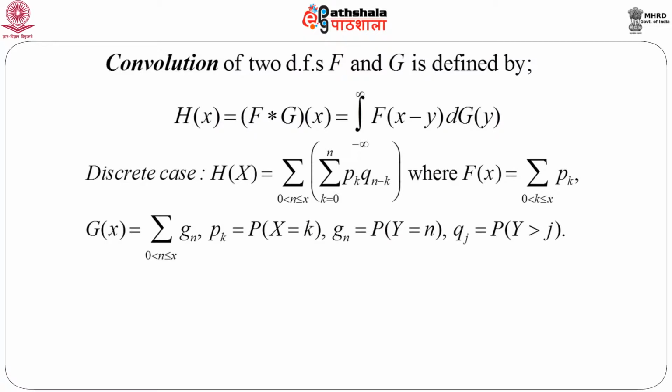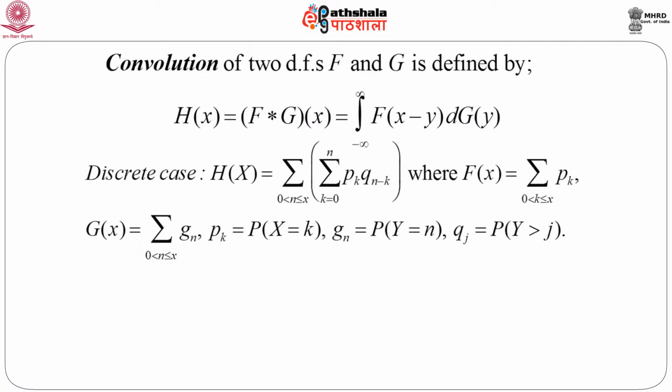So H(x) equals the summation over 0 less than or equal to n less than or equal to x, of the sum over k equals 0 to n of p_k q_(n minus k), where F(x) is the sum over p_k for 0 less than or equal to k less than or equal to x, G(x) is the summation of g_n for 0 less than or equal to n less than or equal to x, and p_k is the probability that X takes the value k, g_n is the probability that Y takes the value n, and q_j is the probability that Y is greater than j.